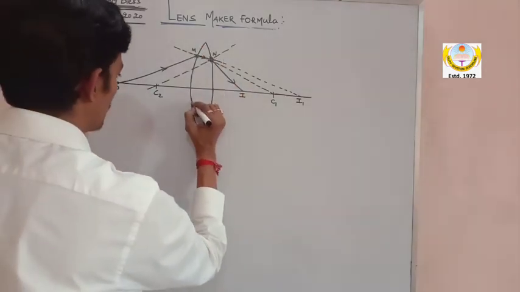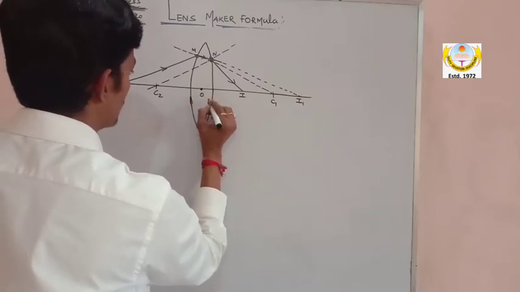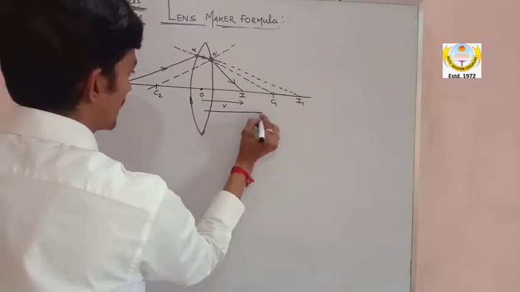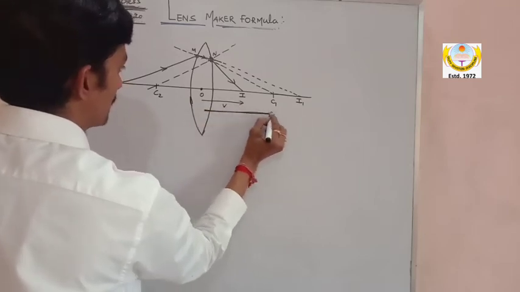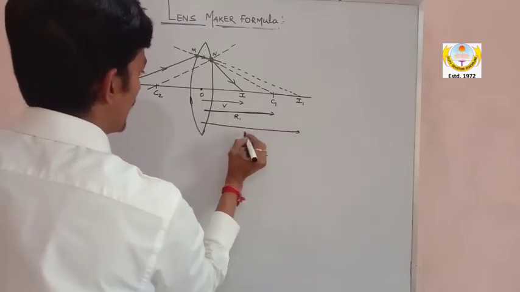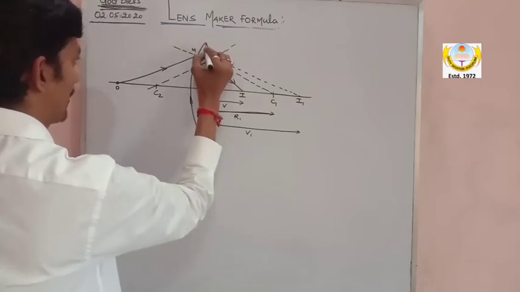Here is optical center. So distance from here to here is V. Distance from here to here is R1. Distance from here to here is V1. Whereas the distance from optical center, here I can draw like this.